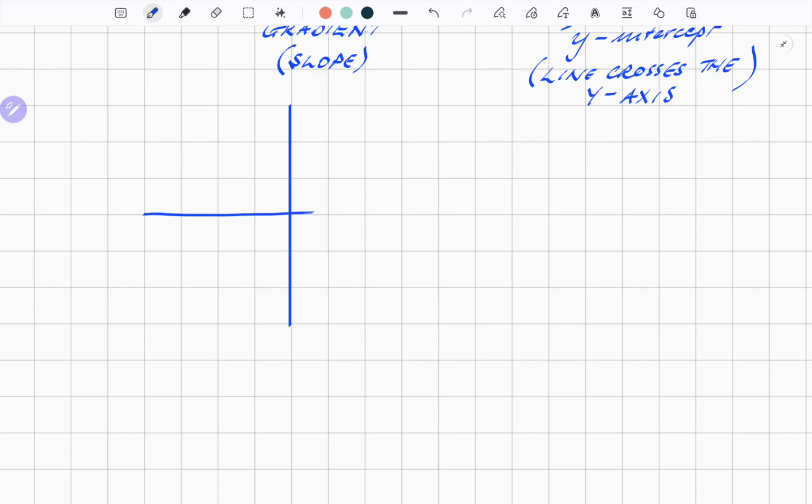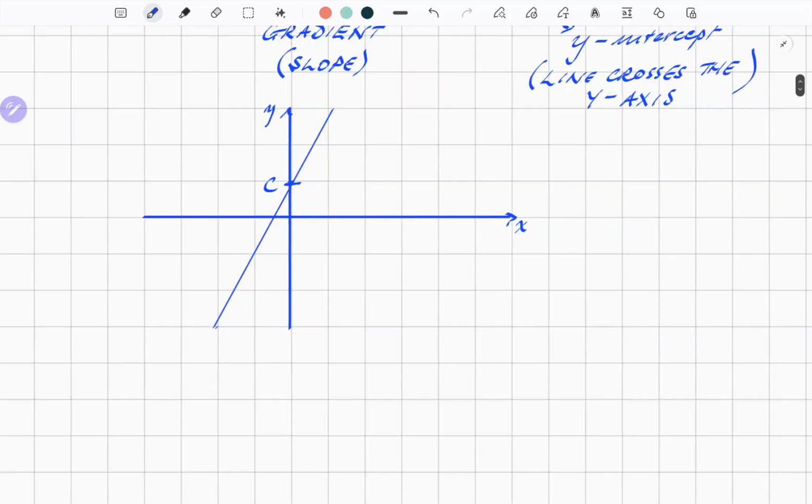If we have your xy axes like that, and imagine we have a line that goes, roughly speaking, from here, and it's crossing the axis there, that is c.